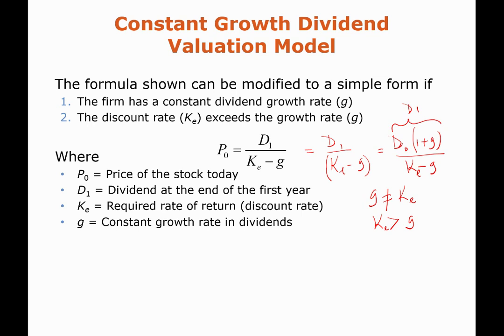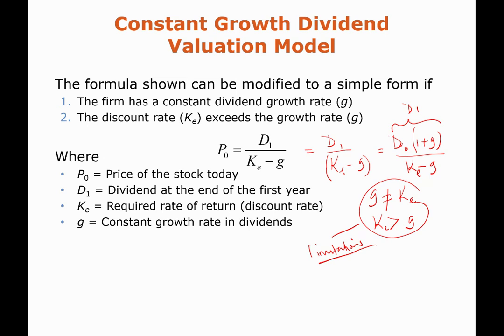So make sure that for this to work, g cannot be equal to Ke, and Ke has to be greater than the growth. So these are some of the limitations we have with this formula. Even though we can use it, it poses some limitations as far as what g can be and what k can be.